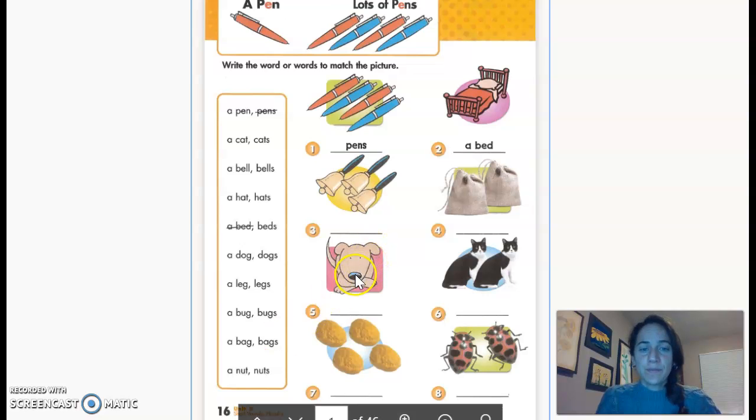Now you. A dog or dogs? Yes, dogs. Is this a cat or cats? Yes, cats. This is a nut or nuts? Nuts. A bug or bugs? Bugs. Very good job.